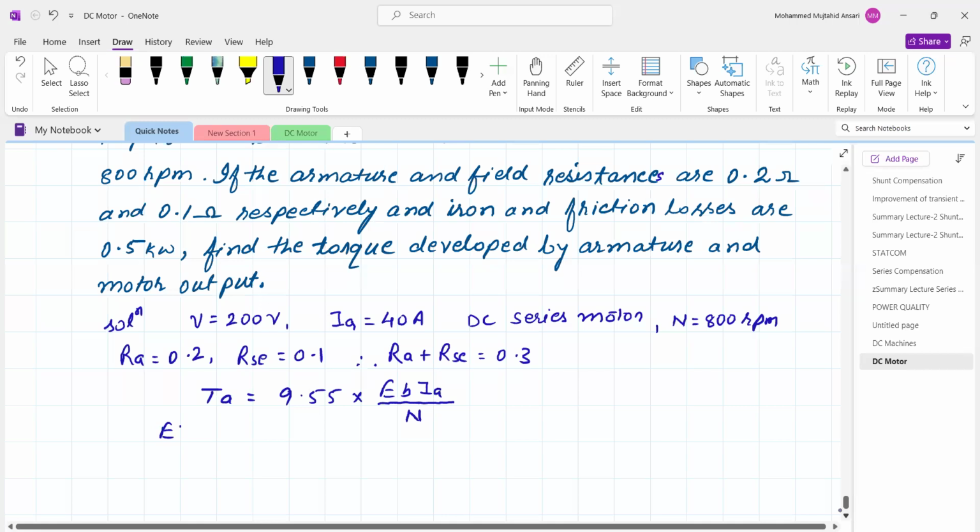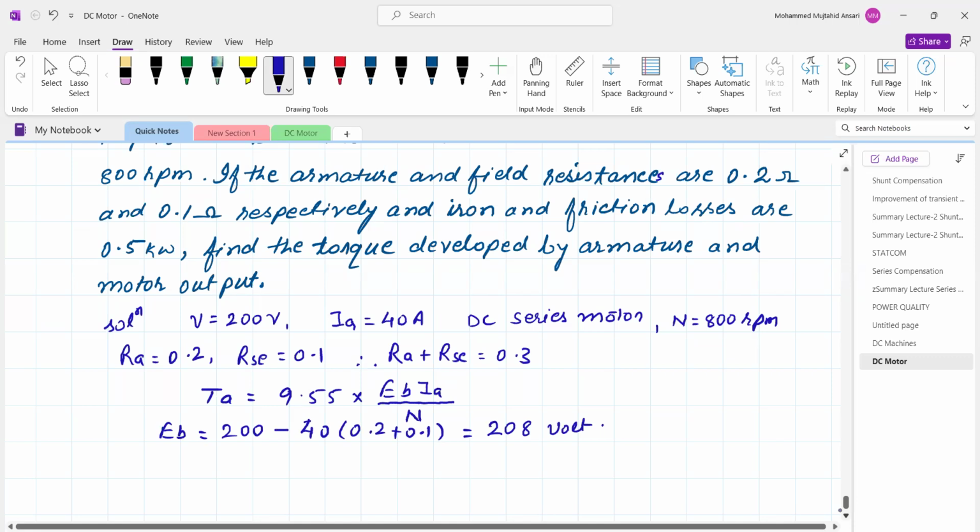So back EMF EB is equal to 200 minus armature current 40 ampere into the resistance 0.2 plus 0.1. So back EMF is equal to 208 volt.